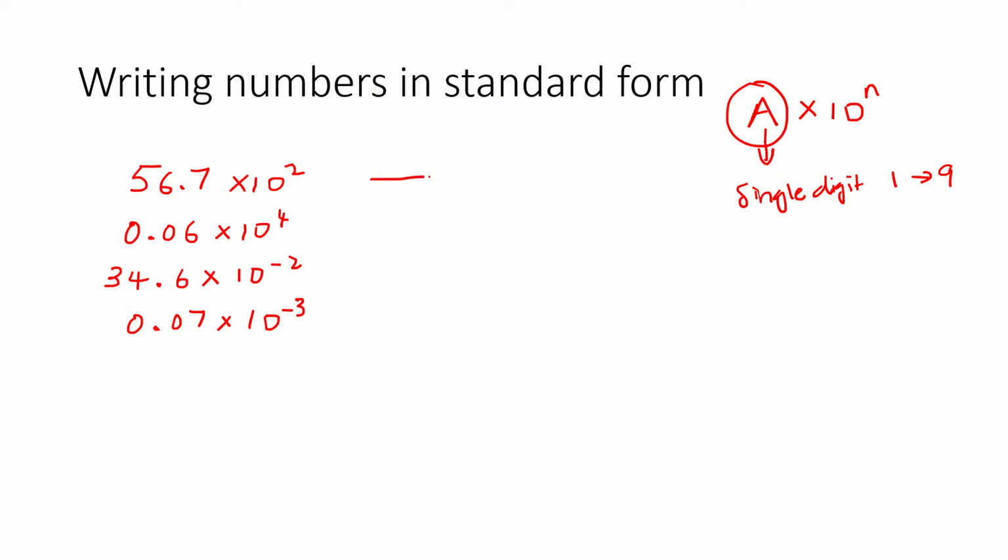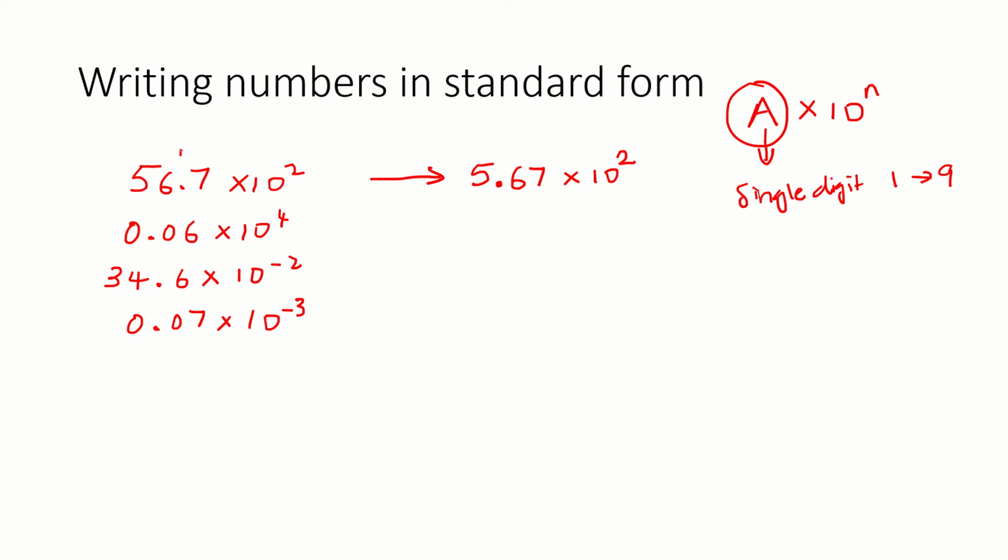Okay, so to write this in standard form, the correct answer will be, you have to write this as a single digit first, which is 5.67 times 10. Okay, so we're going to write down the 2 first. The power is 2 here. But what changes is that I wrote the decimal as 5.67.